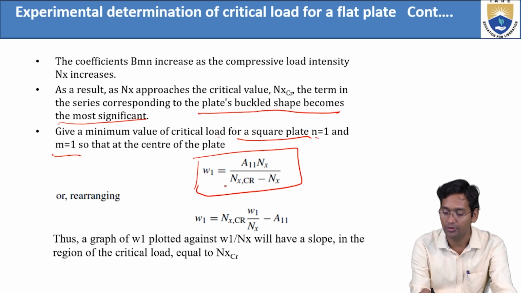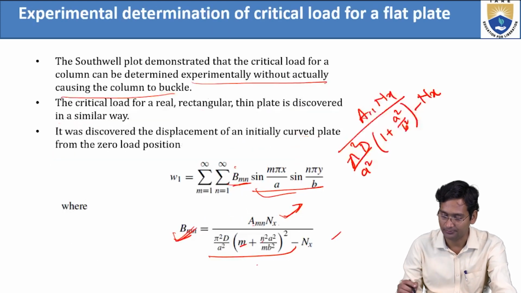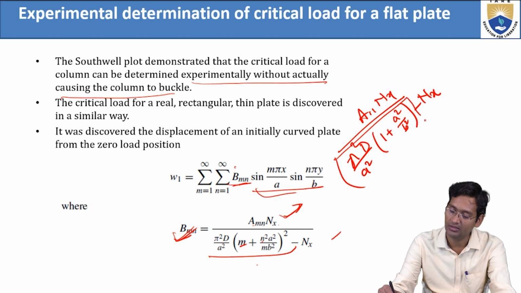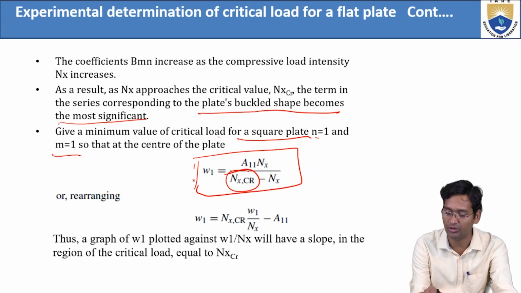So that's it. Now this W1 will be equal to what? A11 Nx by Nx,cr minus Nx, sorry. This is Nx,cr and this is minus Nx. So Nx,cr minus Nx, that is here W1 equals to.